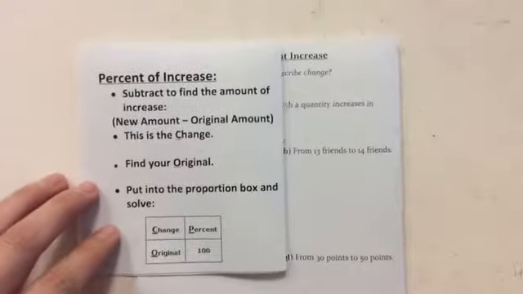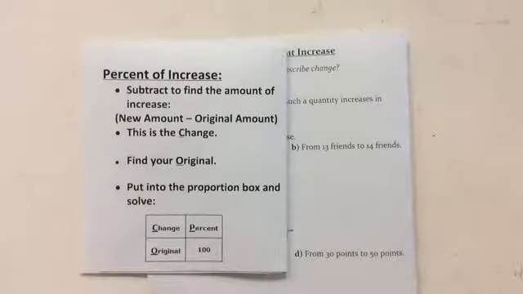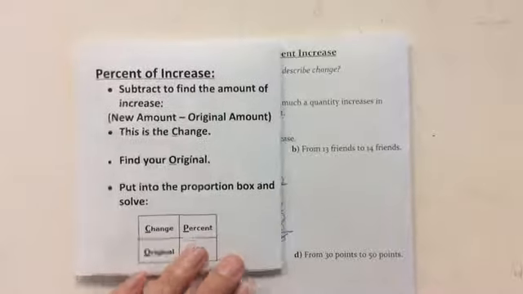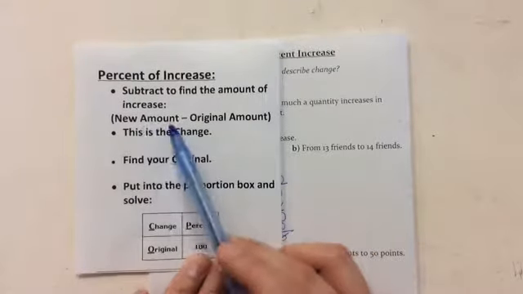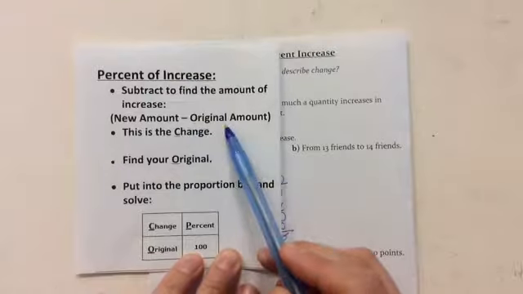So let's move on to B. From having 13 friends, you go to having 14 friends. So now you're even more popular, right? We're going to follow the same steps, same deal. New amount minus the original amount.